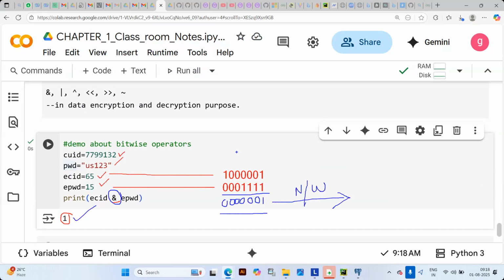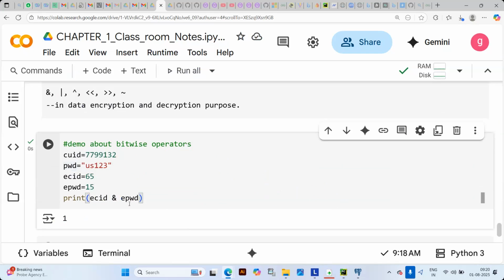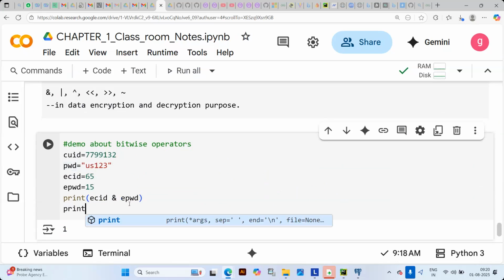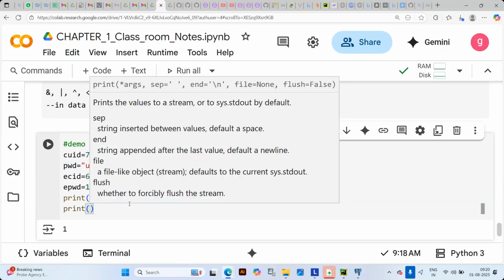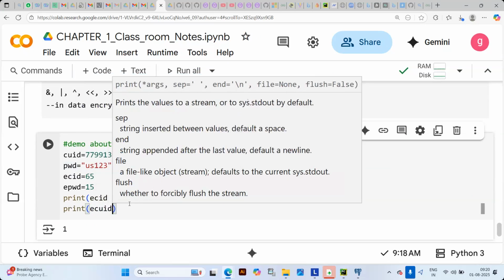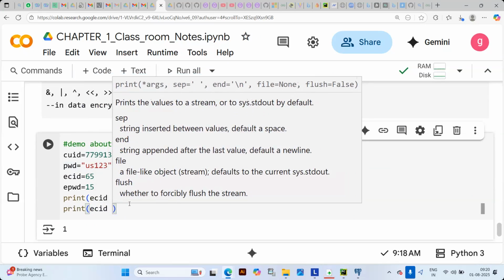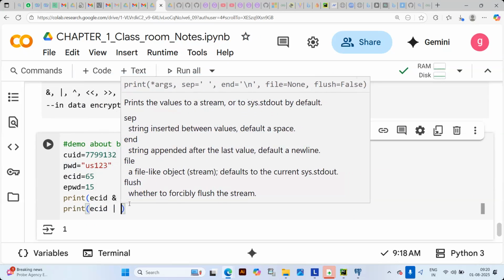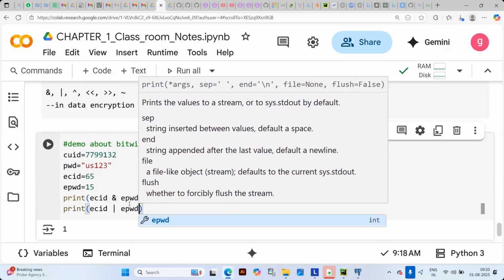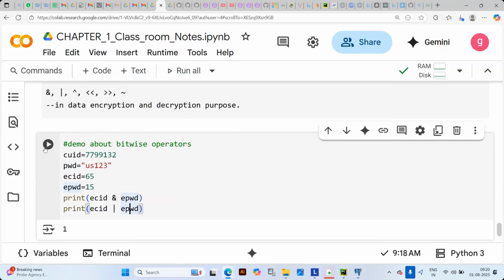In a similar way, some encrypted applications can perform the customer ID, CID, bitwise OR operator with the encrypted password. Now it will give you 79 as an answer.